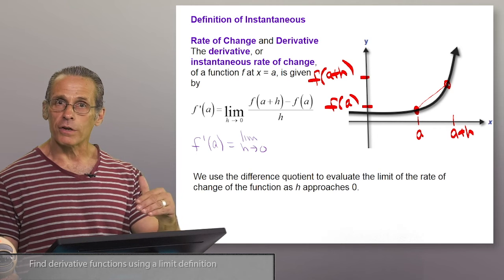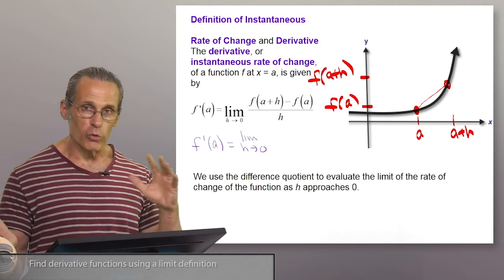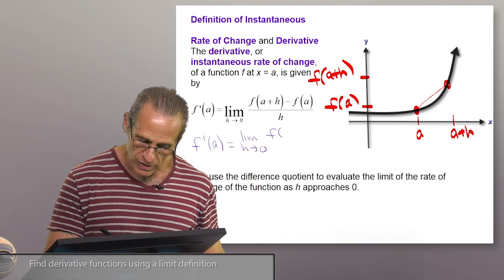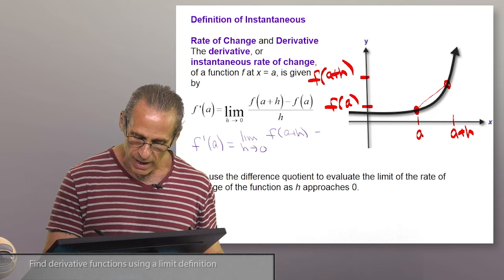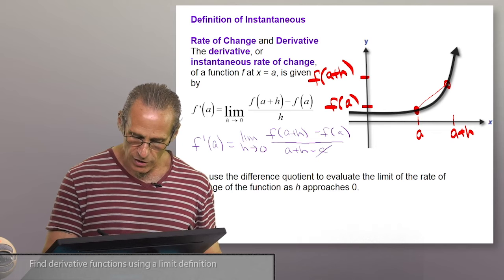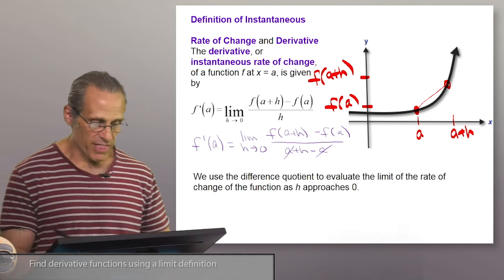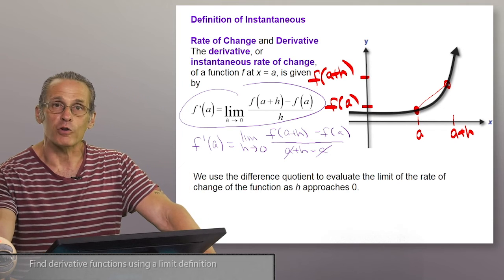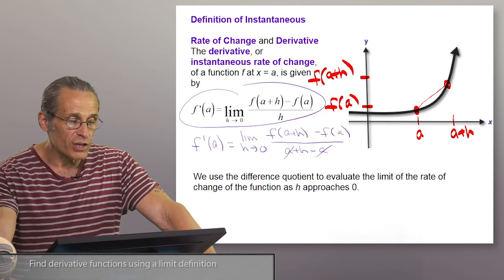Rise over run, y2 minus y1 over x2 minus x1. You just subtract the outputs, f of a plus h, minus f of a, and subtract the inputs, which is a plus h minus a. And notice the a's cancel. And that's your limit definition of a derivative. And we refer to this as the limit of a difference quotient.